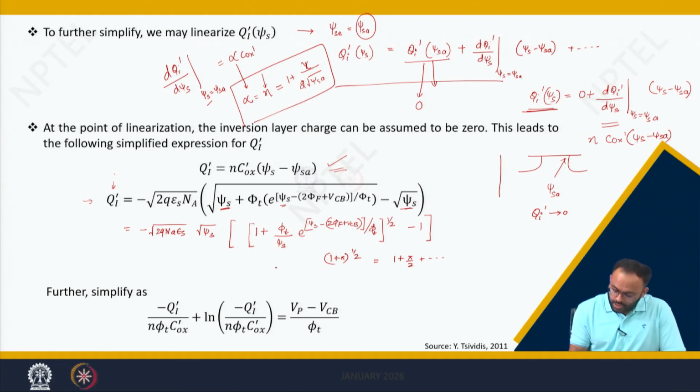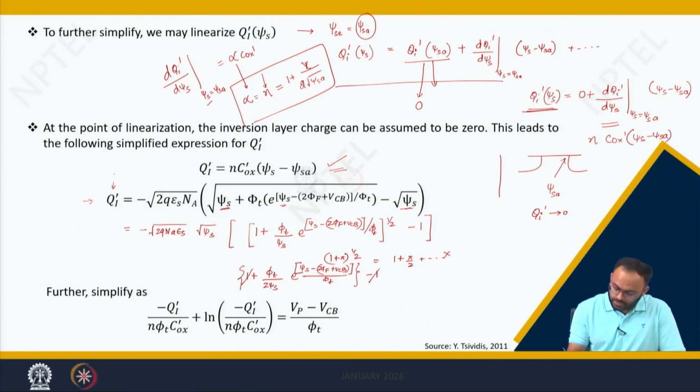So you can ignore the higher order terms and rewrite this equation as 1 plus phi t divided by 2 times psi s e to the power of (psi s minus 2 phi f plus Vcb) over phi t, minus 1.